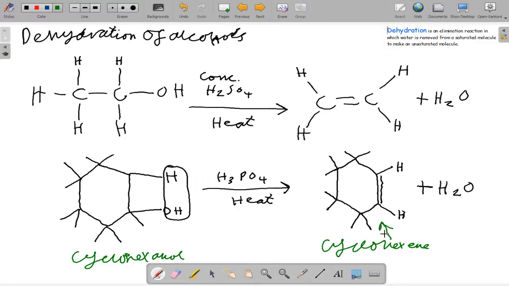We'll learn more about this molecule in A2, but for now you have to know that a water molecule has been removed, which is where these atoms have made the water molecule here, under the phosphoric acid catalyst and a wee bit of heat.